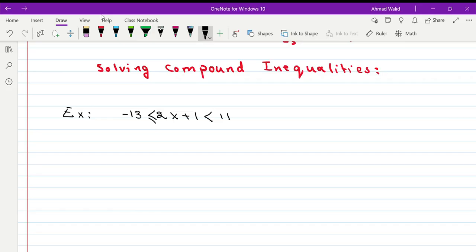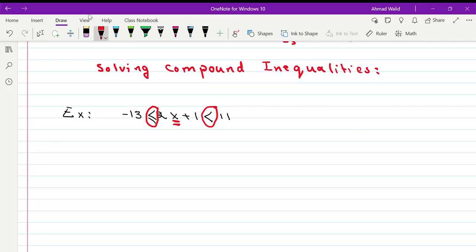How to solve this inequality? First of all, as you see, on two sides of your variable, which is in the middle, you have the inequality sign. To be honest, actually this is two separate inequalities, but we write it this way.